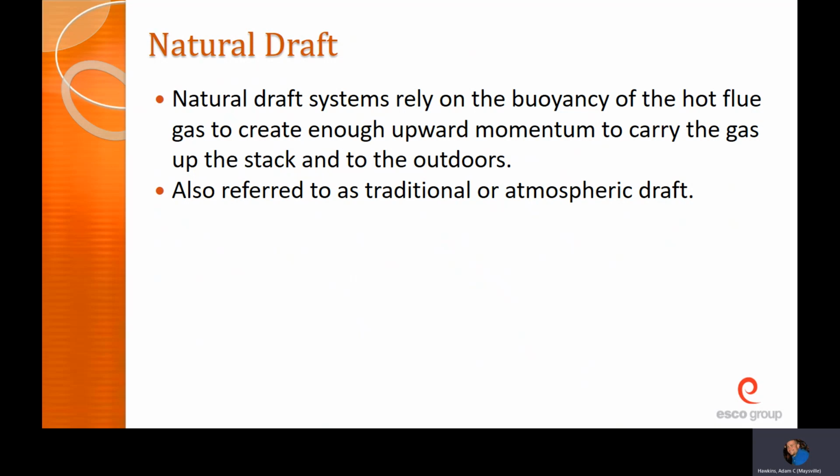Natural draft. There are still a lot of natural draft furnaces and boilers out there. We actually have a natural draft boiler in the lab, so you can see how that looks compared to the forced draft systems that we're using, or the induced draft mechanical draft systems. Natural draft is basically using convection currents, hot air rising naturally, using the buoyancy of that hot flue gas to create movement and go out the stack.